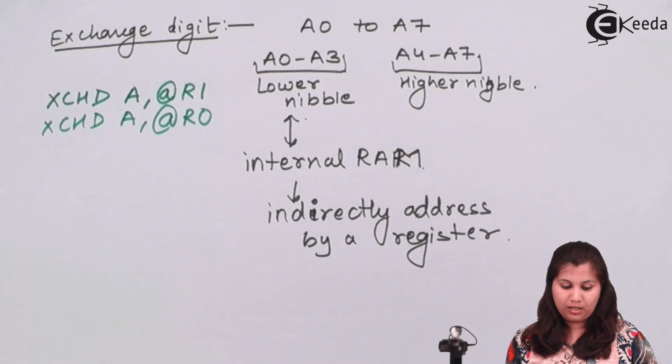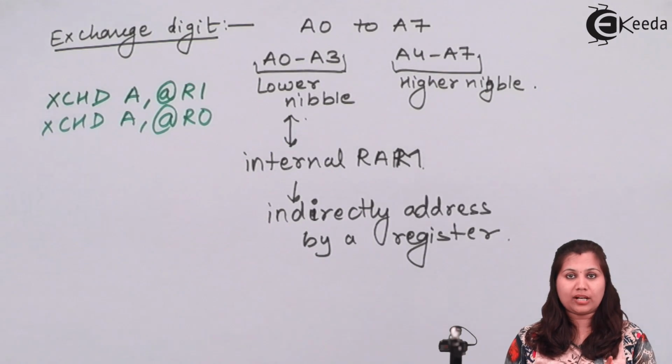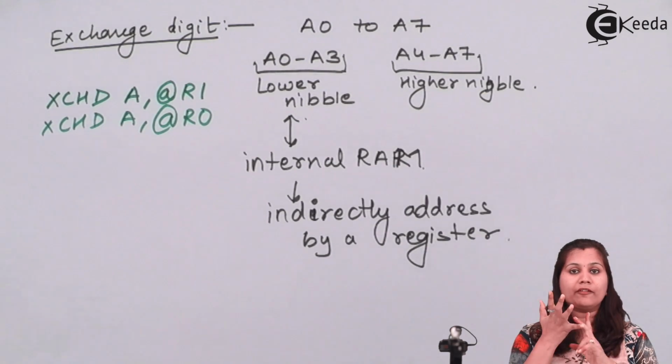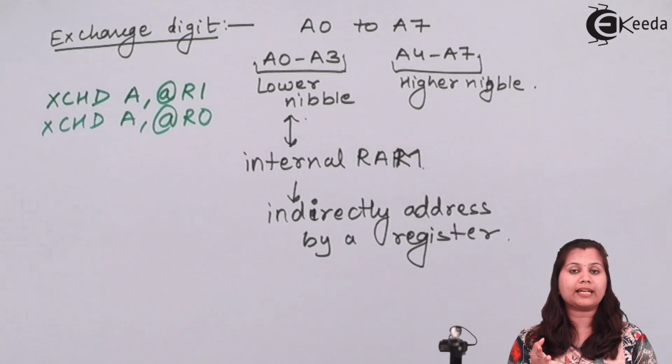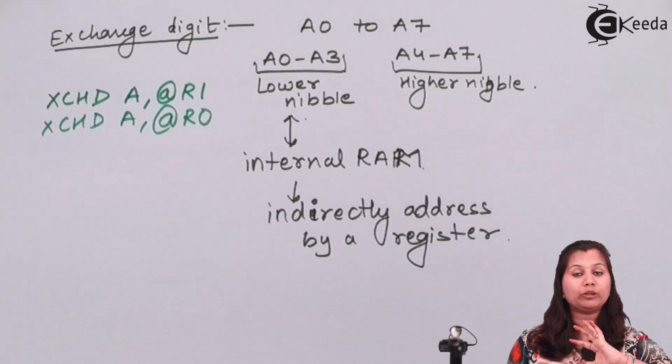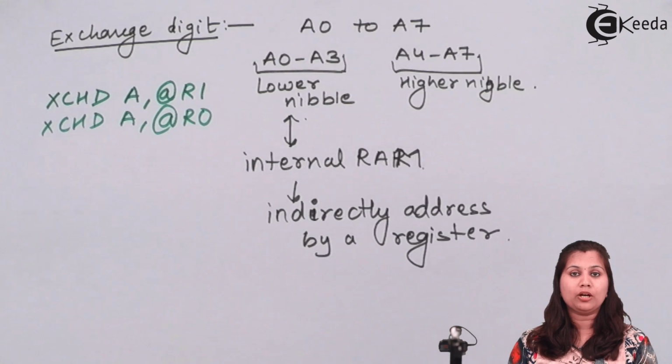Okay. So these are the data transfer instructions in the 8051 microcontroller. Three instructions we have. First is the move instruction, second we have push and pop instructions, and third we have the exchange instructions. In move we have different types of move instructions, like between memory to register, register to memory, from accumulator to memory location, and between memory locations also.